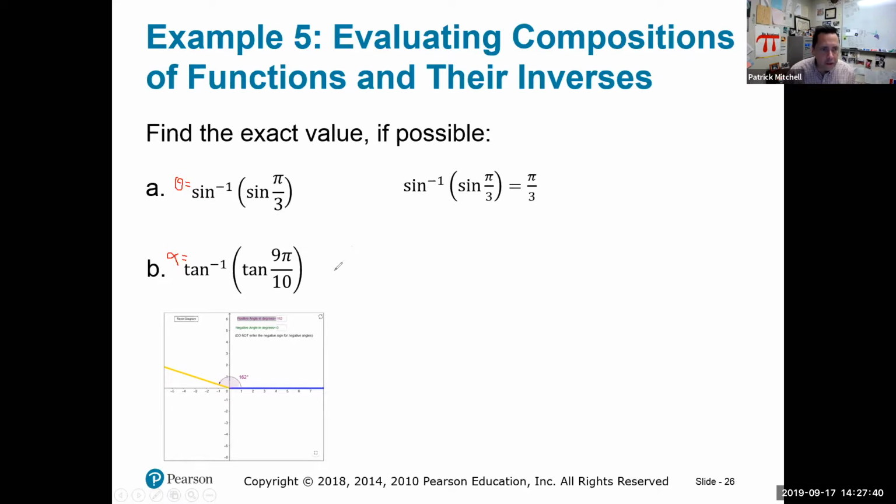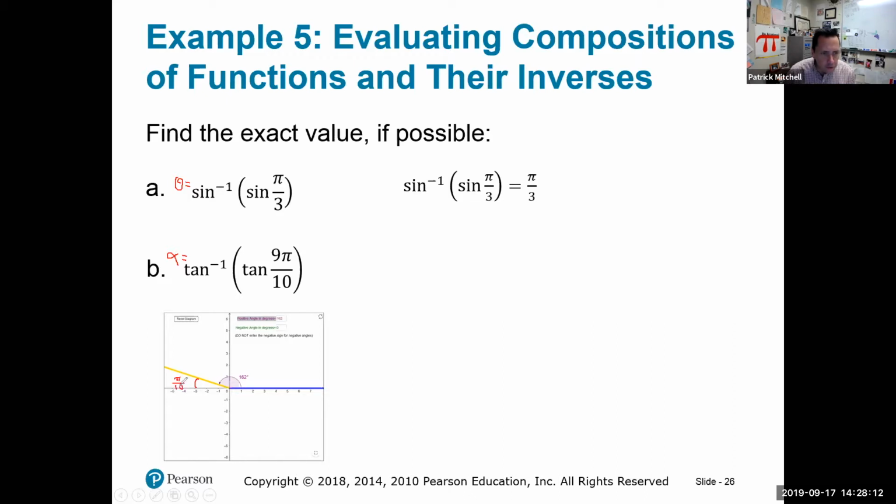So what we have to think about is what is an angle in that interval that has the same tangent as 9 pi over 10. That angle is going to have the same reference angle as 9 pi over 10. So the reference angle for 9 pi over 10 is pi over 10, isn't it? Because you would do pi minus 9 pi over 10. So that would be 10 pi over 10 minus 9 pi over 10.